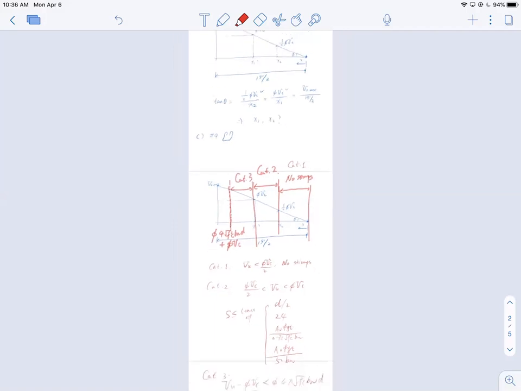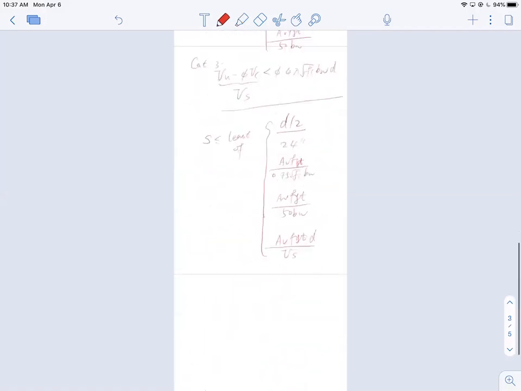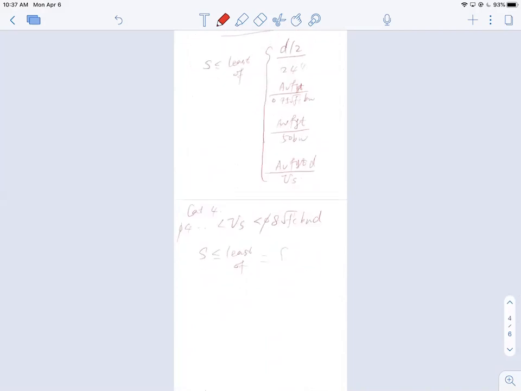And now, where is category 4? Category 4 is where VS is bigger than 4 square root F prime C BWD. That gives the spacing as the least of all the others, except this is divided by 4 and this is 12 inches, like before.